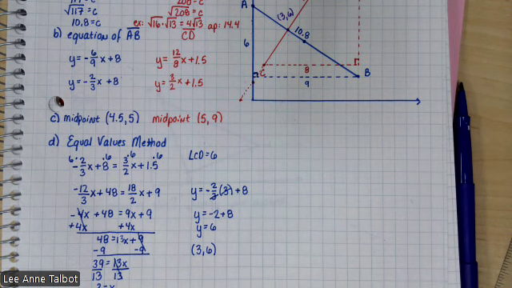Okay. What is the special relationship between the slopes of segment AB and segment CD? Look at the two slopes in this line. What's the special relationship between the two slopes?